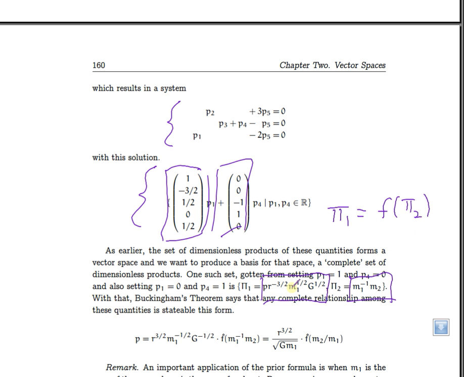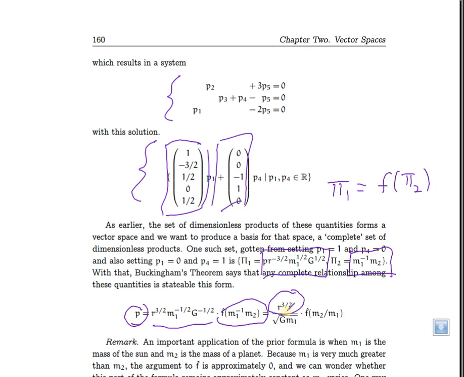Now, if we rearrange that equation, we get a formula for period. Period is this junk times some function of the mass ratio. And here we have automatically that the period depends on the radius to the 3/2 power, which is Kepler's law. An amazing conclusion just from playing around with algebra.